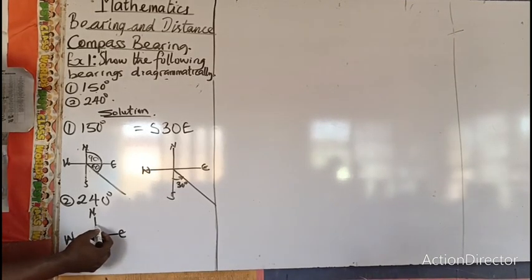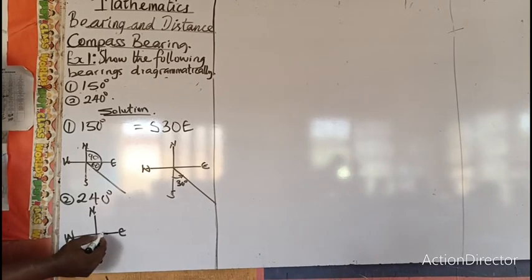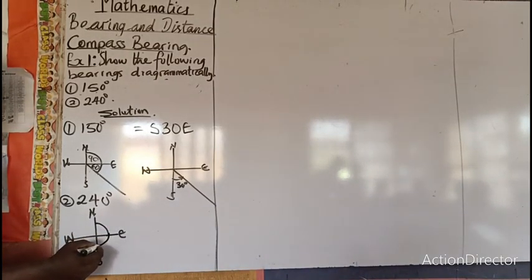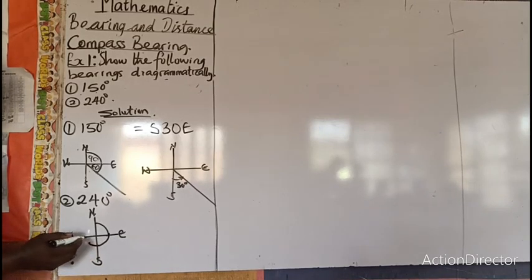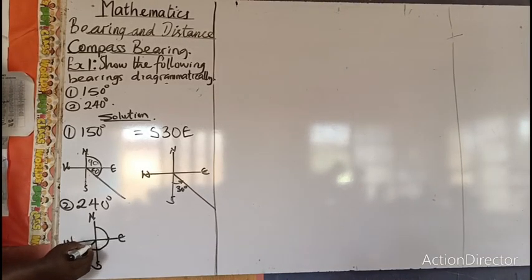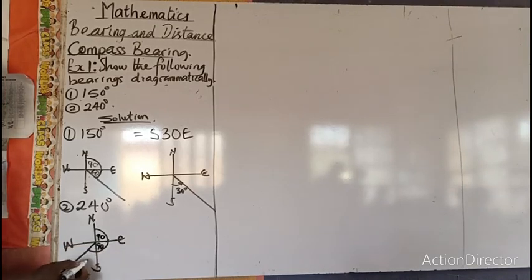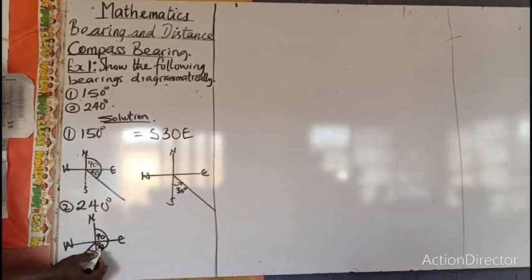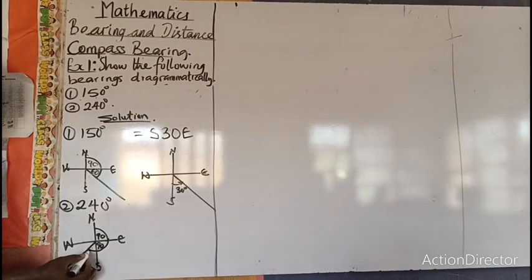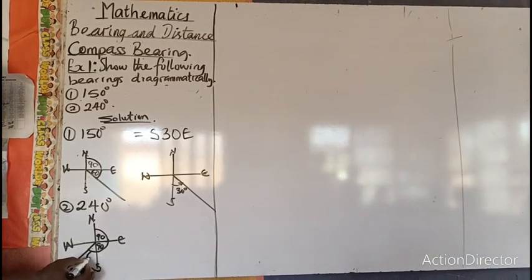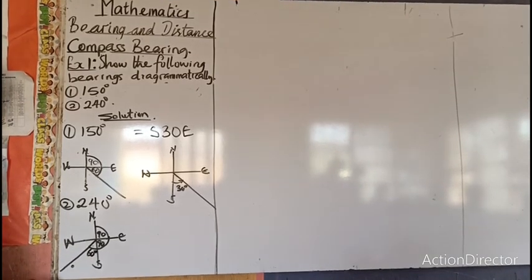Because you know that this is 90, 180. 90 is not up to it. 180, then we get here, this one will be 270, and this number is not up to 270. So we get 240. Now, if this is 90, this is 90, what will be the remaining that made it become 240? 90 and 90 is 180. So how many is remaining? 60 degrees. Is that clear?